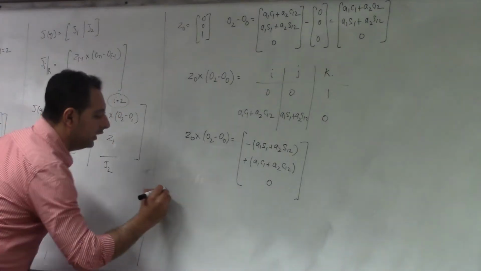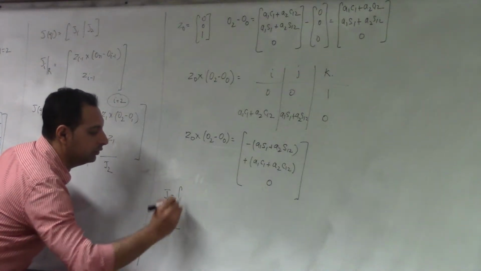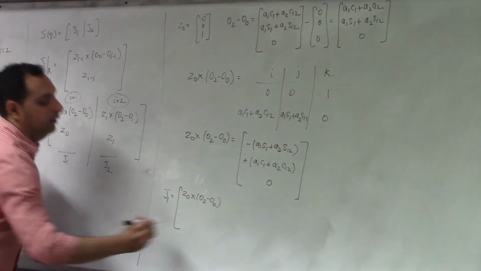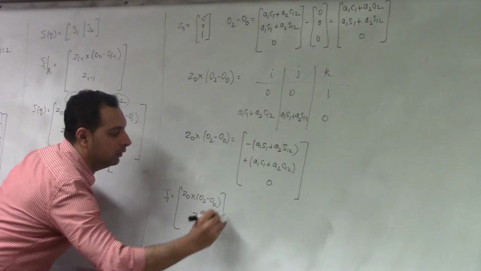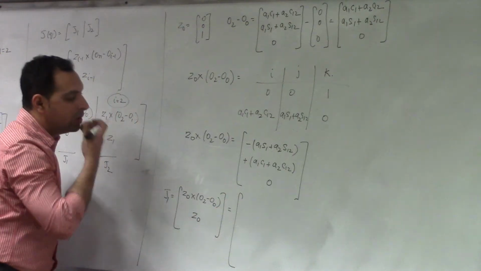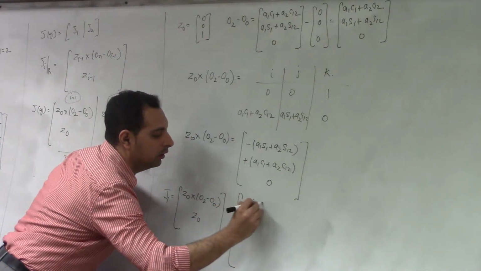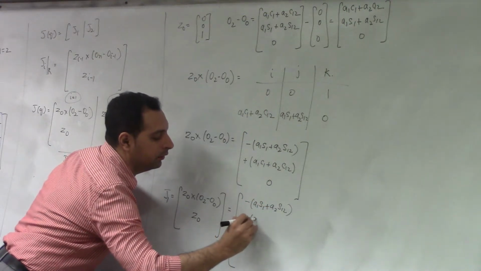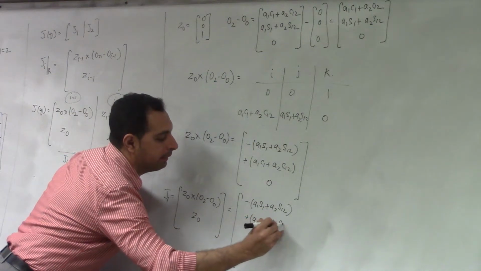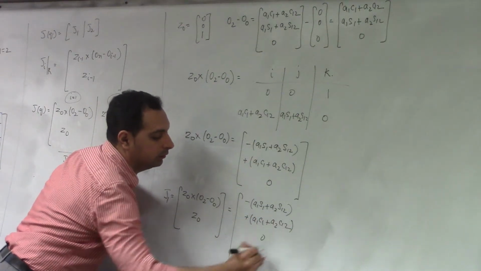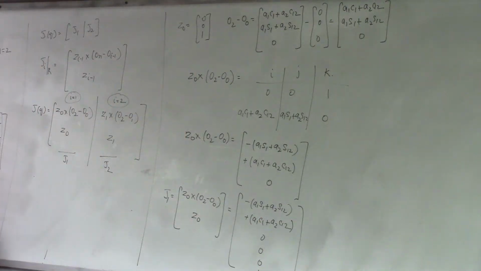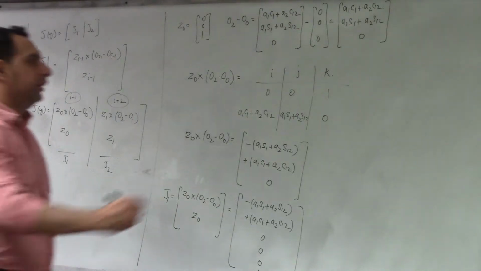So here you will get J1 will be equal to, right, that is J1. Tell me what you get for J2.